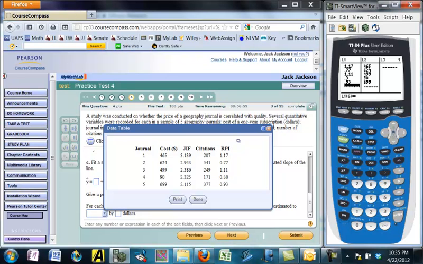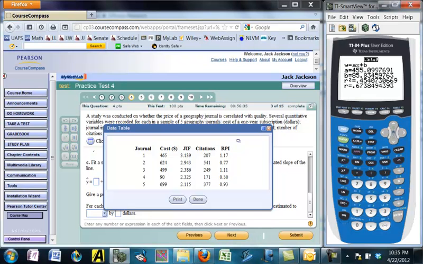Okay, just double checking my data. Anytime you're entering data, you want to double check and make sure you've typed it in right. Okay, and again, actually if I just do second entry, that will put it there, and now we have an R not as strong as last time.